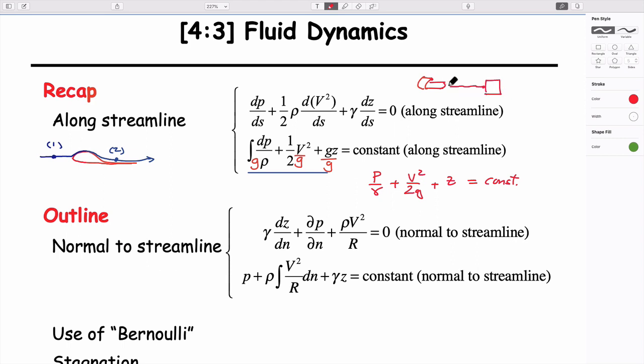So we wrote it upstream and downstream, and noted the thing that always confuses people: why is the fluid pressure here atmospheric, or zero?